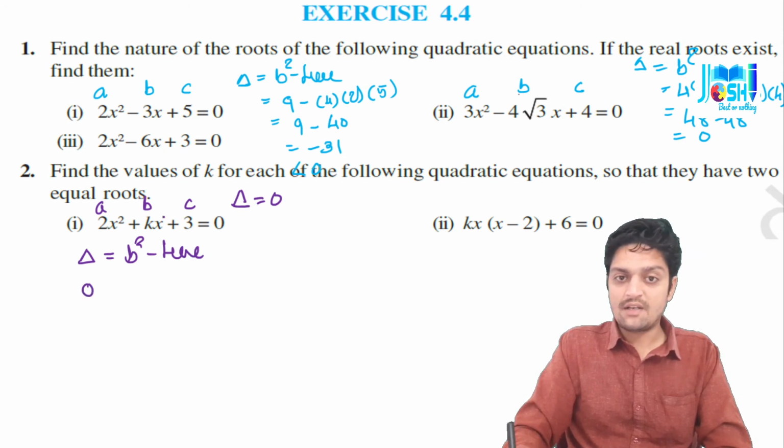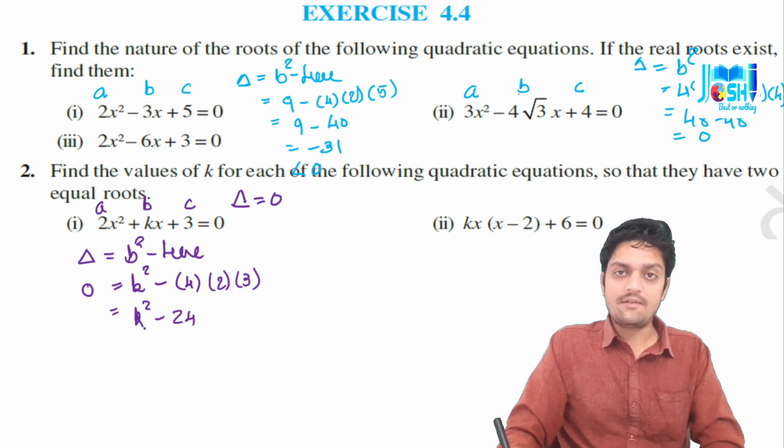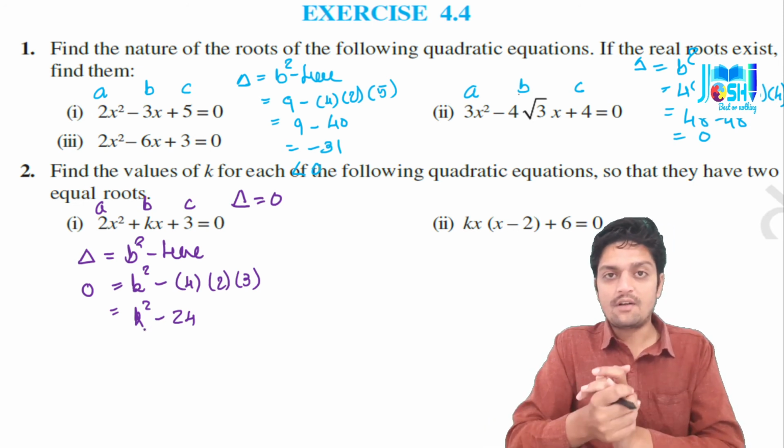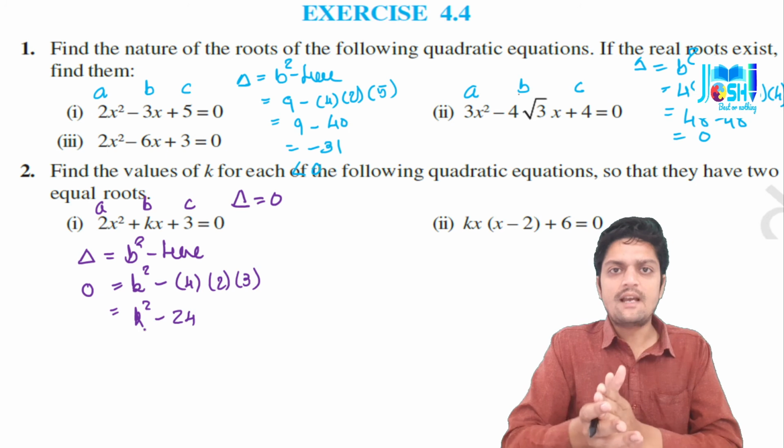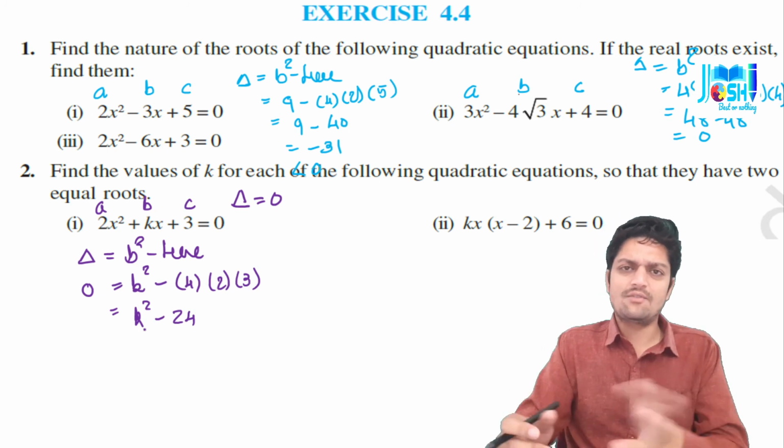Delta is equal to 0, because two equal roots are there. b square is k square minus 4 into a is 2 into c is 3. So k square minus 4 threes are 12, 2 twelves are 24. And now you can find the value of k as square root of 24. Easily, 6 fours are like that only. So 2 root 6, and all that you can now find.